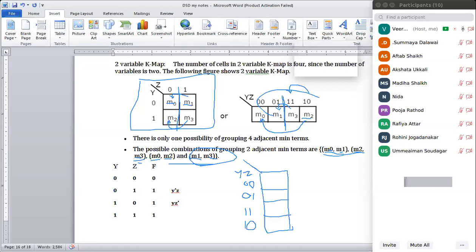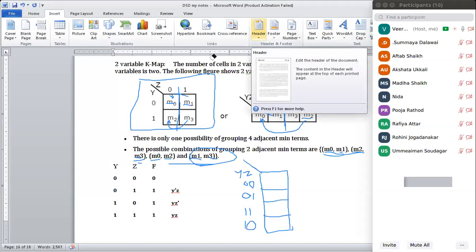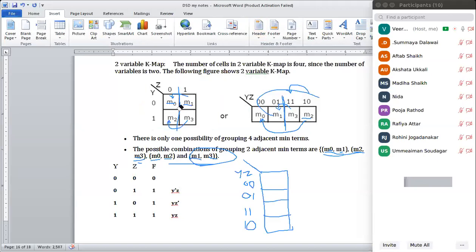For this, Y and Z, Y Z. Now, here I have 4 cells, right?